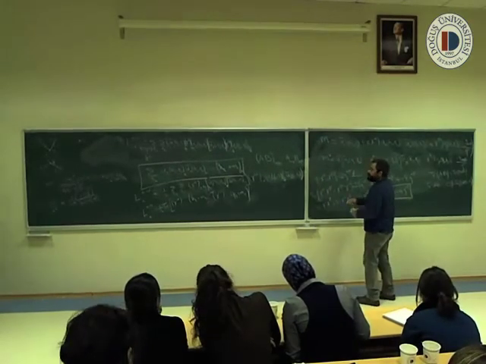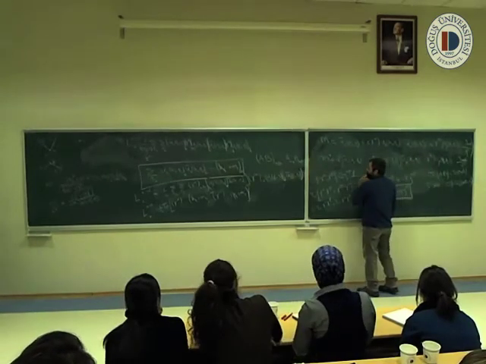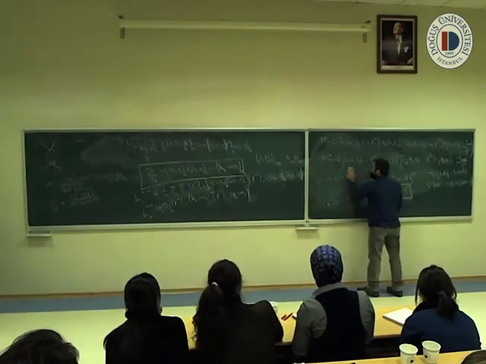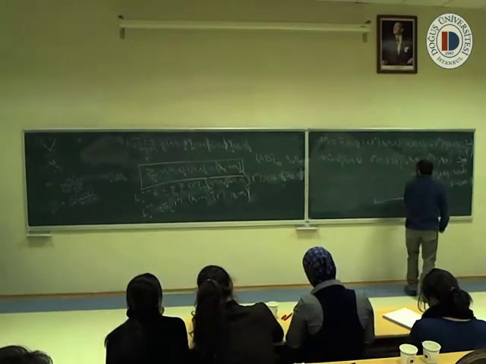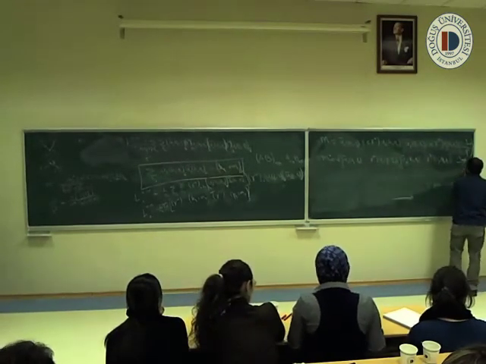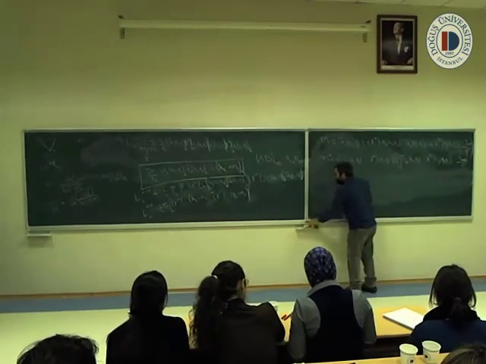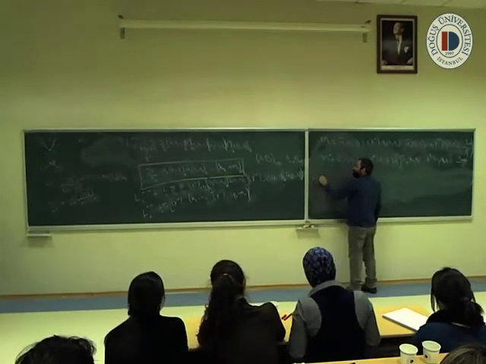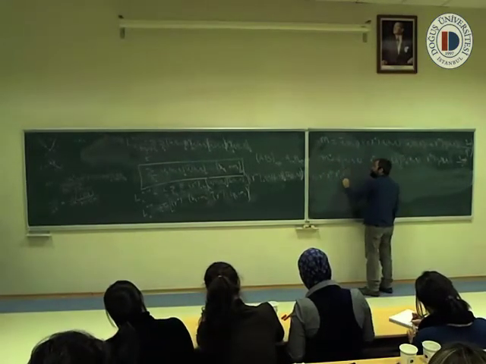Well, let's see how we will calculate the trace of the product of 4 gamma matrices: trace of gamma alpha, gamma beta, gamma delta, gamma eta.